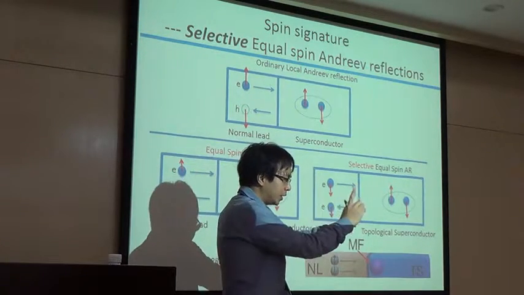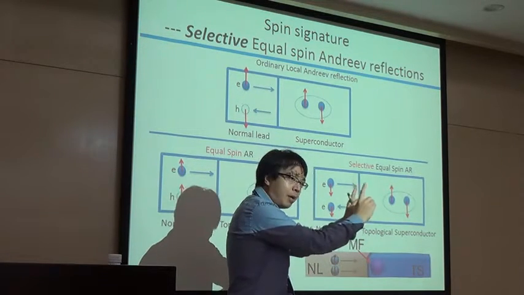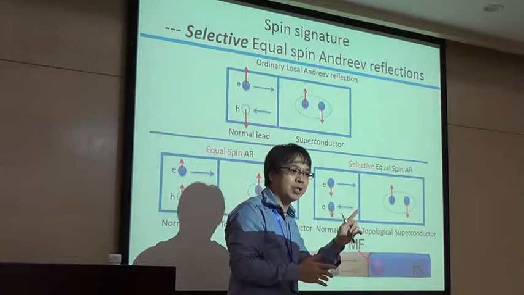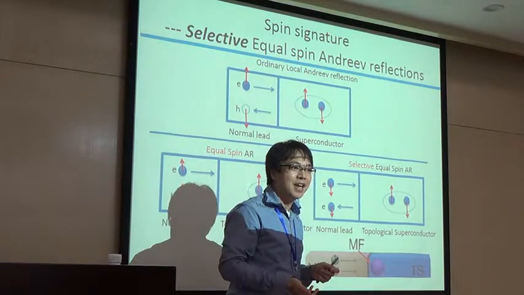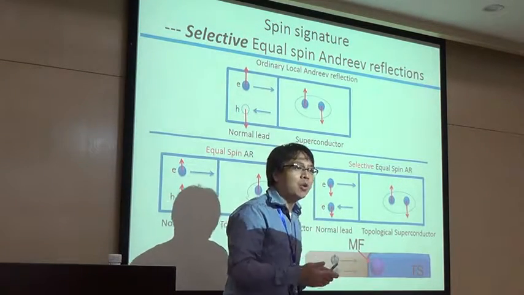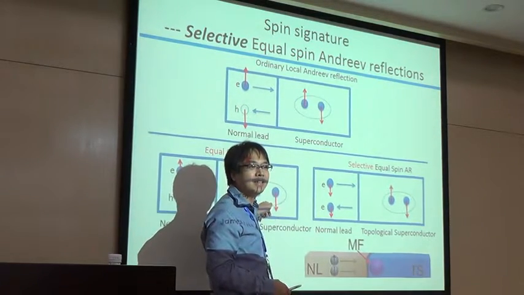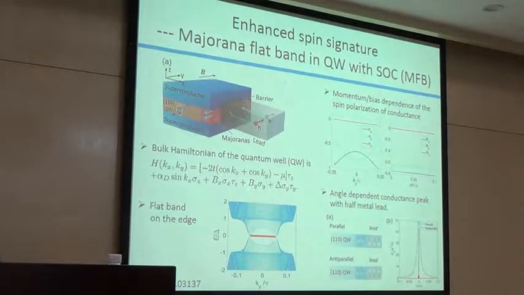After this tunneling, you tunnel a pair of spin-up electrons in, but you have spin-orbit coupling in your superconductor, and it is S-wave. So eventually it has to relax back to this structure.